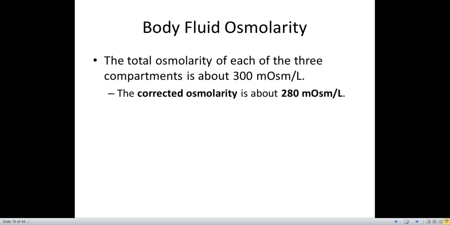The total osmolarity of each of the 3 compartments is about 300 milliosmoles per liter, and the corrected osmolarity is about 280 milliosmoles per liter.